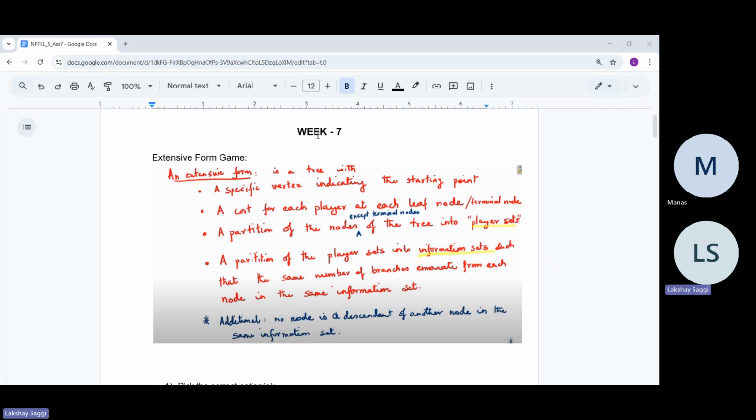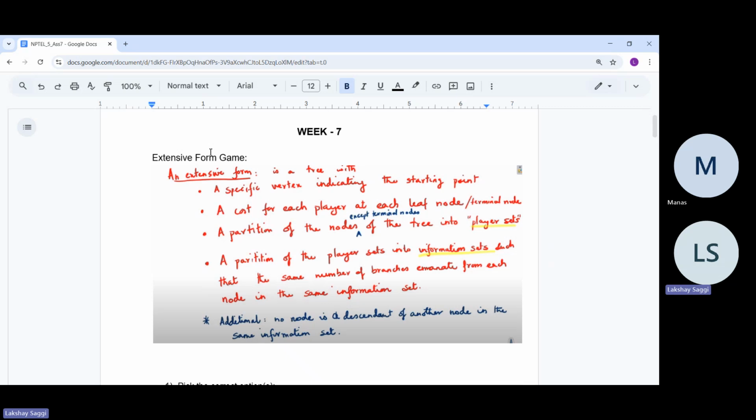Just as a revision of what an extensive form game actually is.